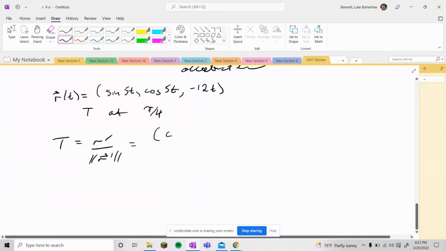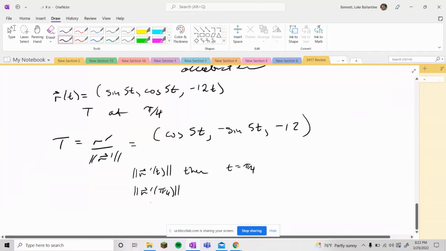This is cosine 5t, negative sine 5t, -12. And you could take the magnitude of r prime of t and then plug in pi over 4, or you could just do magnitude r prime of pi over 4 and divide by that, and then of course plug in pi over 4 here and here.